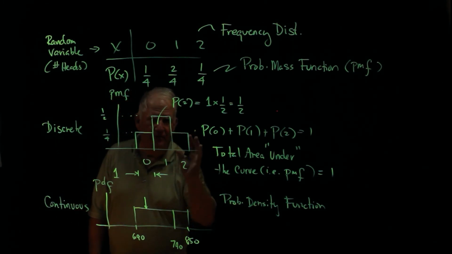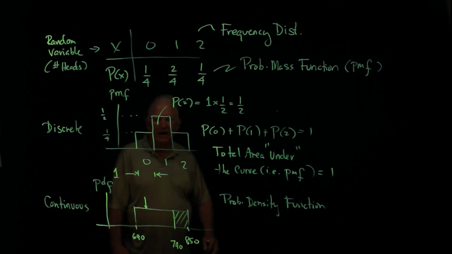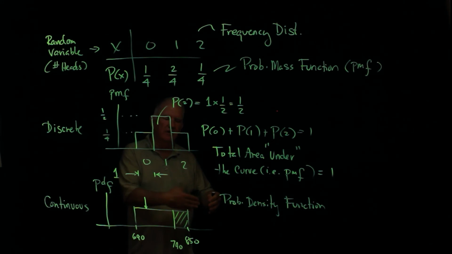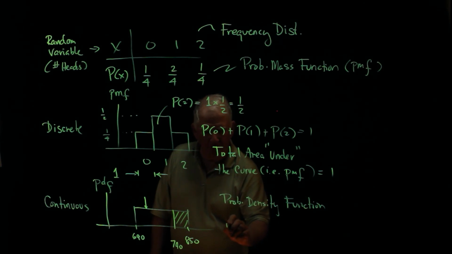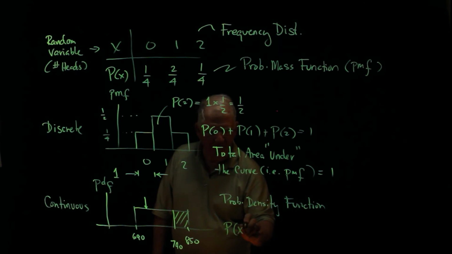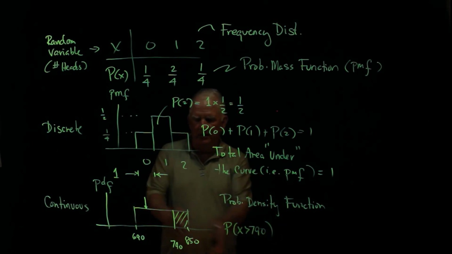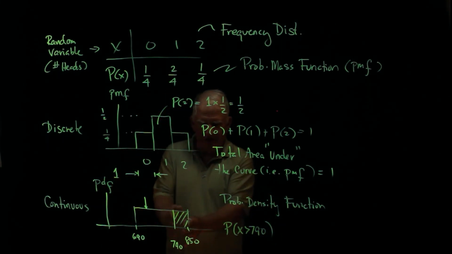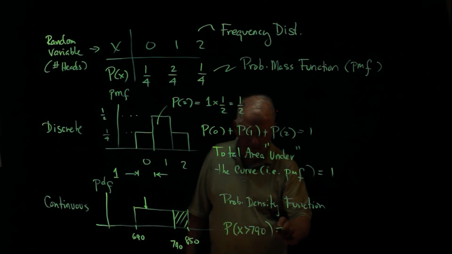Well, again, here's the rub. We would like the answer to that question to be the area underneath the curve here. So if this is the probability that x is greater than 790, notice now I'm not dealing with a particular value, I'm dealing with an interval. There's the interval I'm dealing with right there.